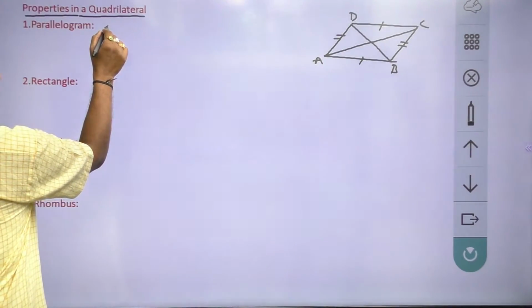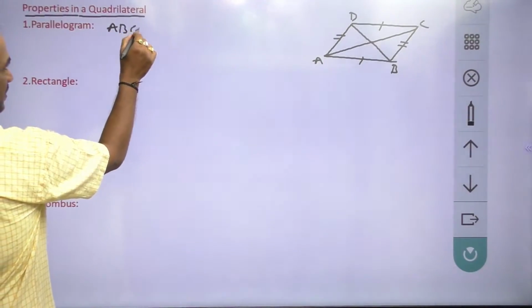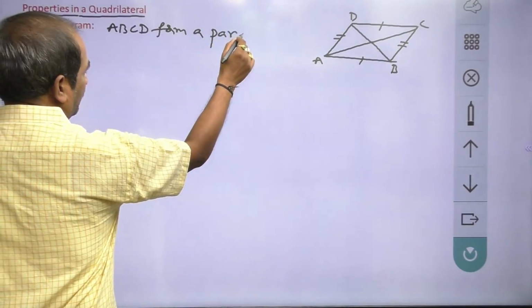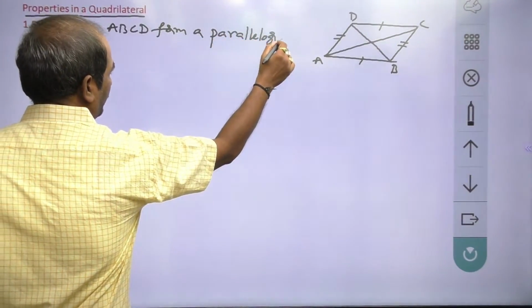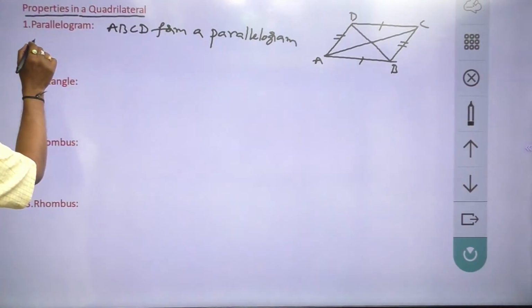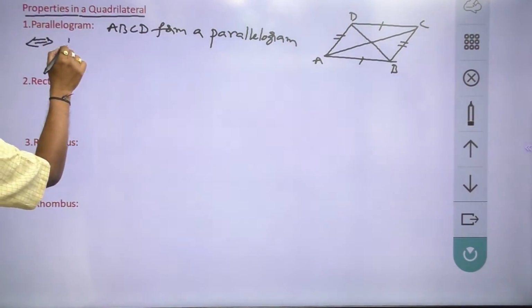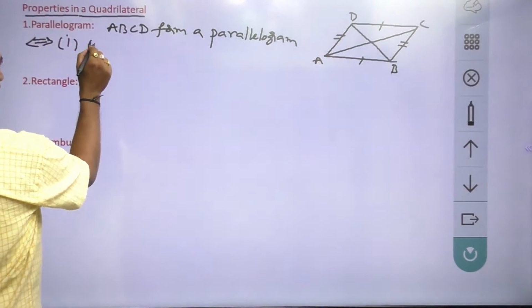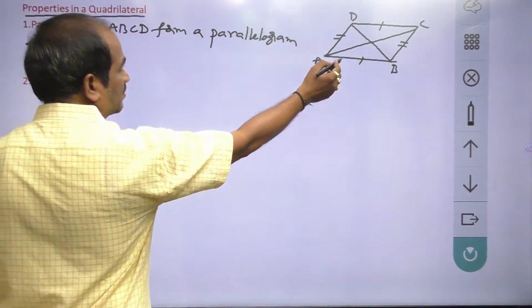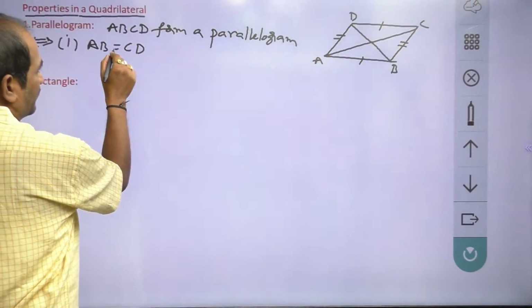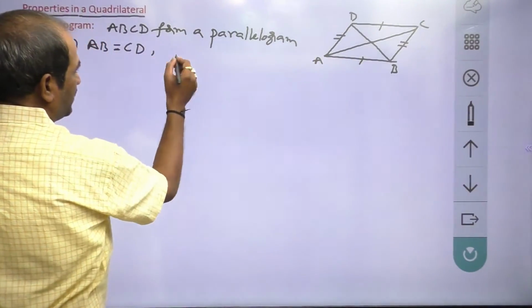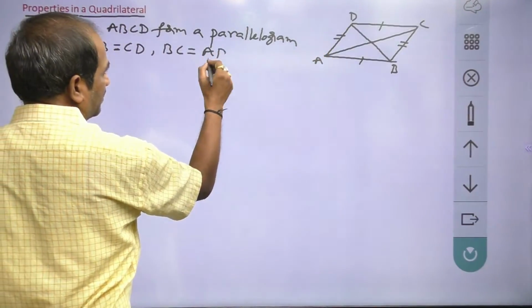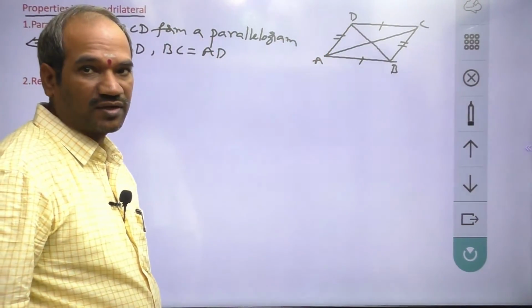The quadrilateral ABCD forms a parallelogram if and only if these conditions hold. In the first condition, the lengths of the opposite sides are equal: AB is equal to the opposite side DC, AB is equal to CD, and BC is equal to the opposite side AD. That is the first condition.